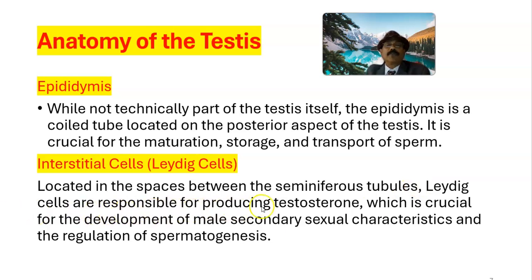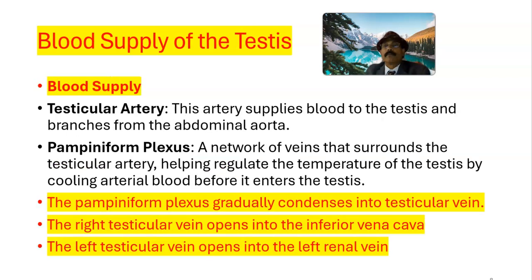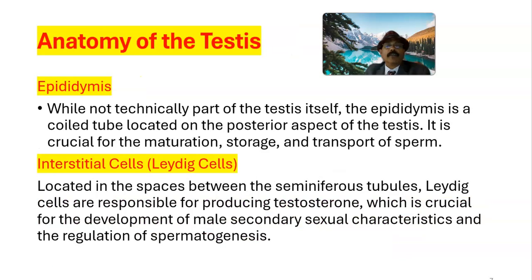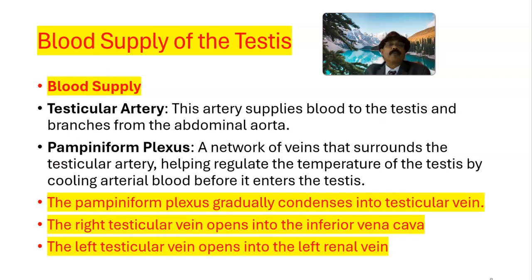Leydig cells are responsible for producing testosterone, which is crucial for the development of male secondary sexual characteristics and the regulation of spermatogenesis.